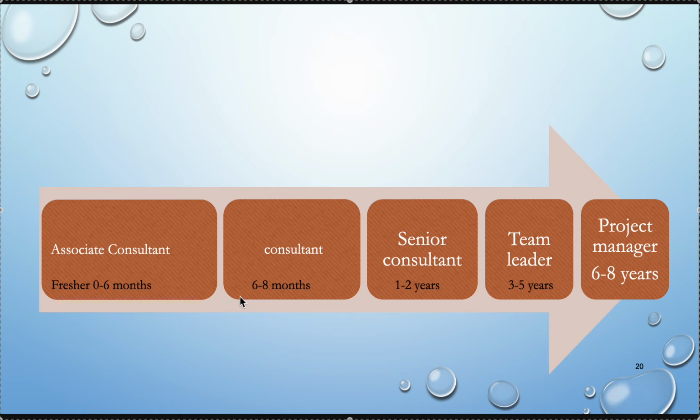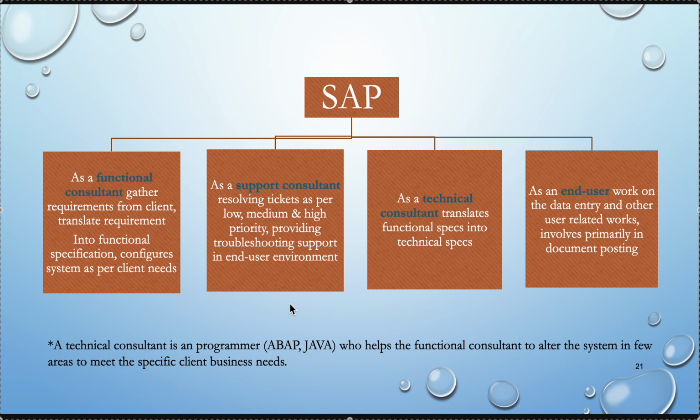So the best advantage is that within a short period of time, you get a very good position. As for scope, when you undergo this training, you can be a functional consultant, a support consultant, a technical consultant, or an end user as well.